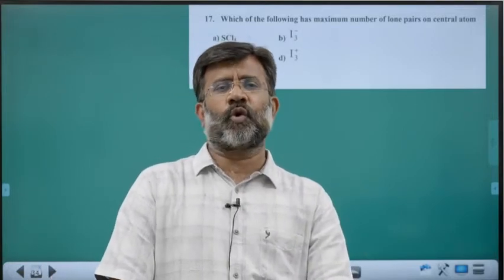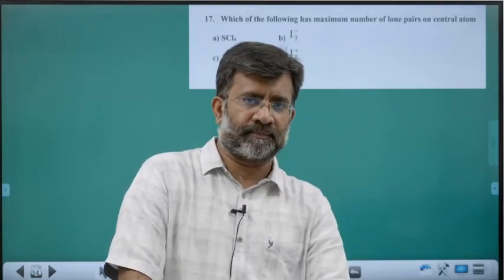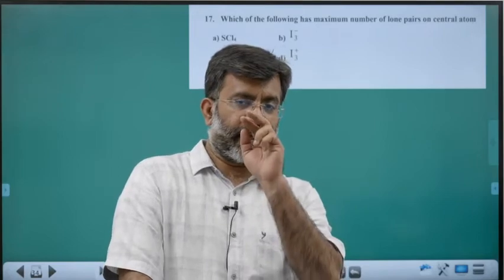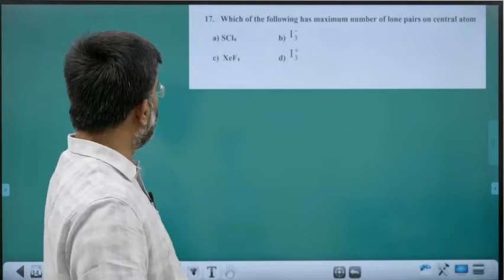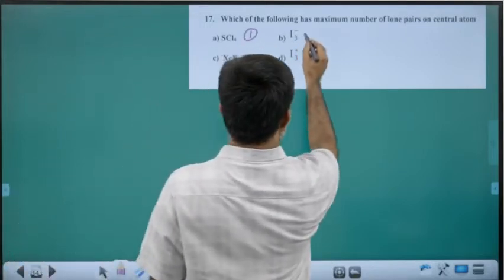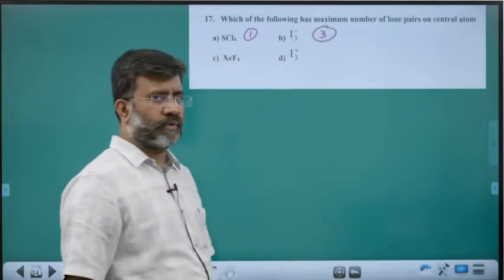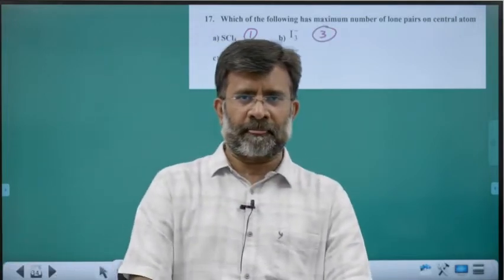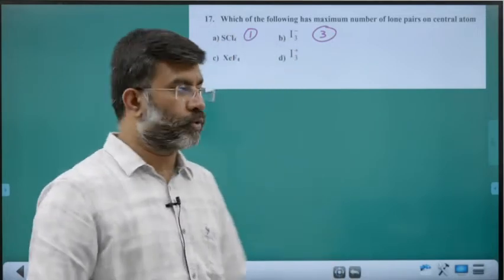It is seesaw shape, sp3d hybridization, AB4E type. One lone pair. This we have worked out, sp3d hybridization, 3 lone pairs, linear molecule, AB2E3 type.